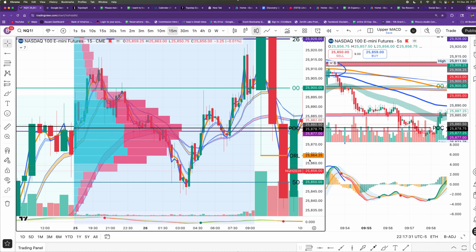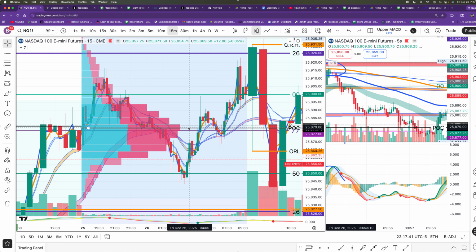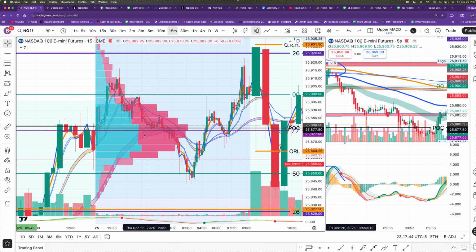What it's doing is finding the price on the chart that has the highest number of contracts traded. So it's basically a sideways bell curve, and the top of the bell curve here is that price on the chart, and this moves as the day goes by because you'll have more volume here, more volume there, but it's always updated, showing you the price on the chart with the greatest amount of volume.